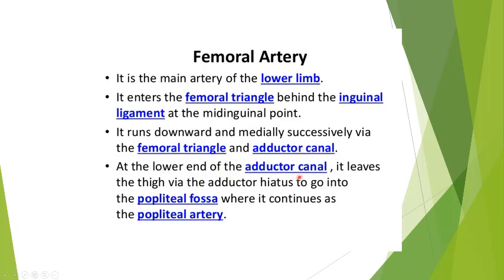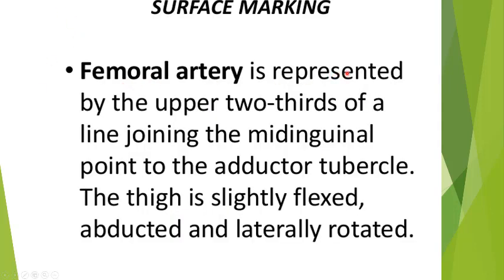At the lower end of the adductor canal, it leaves the thigh via the adductor hiatus to go into the popliteal fossa where it continues as the popliteal artery. The femoral artery is represented by the upper two-thirds of a line joining the mid-inguinal point to the adductor tubercle, with the thigh slightly flexed, abducted and laterally rotated.